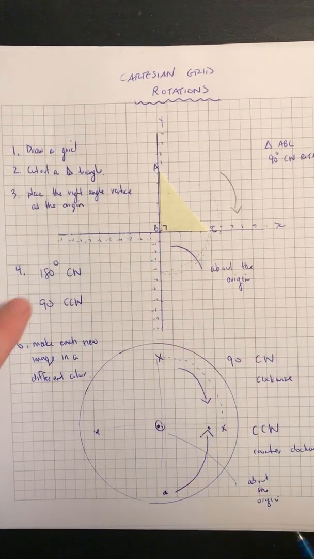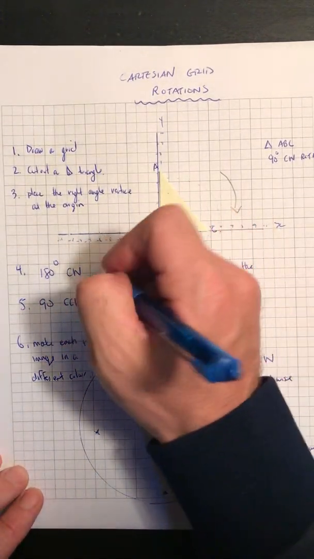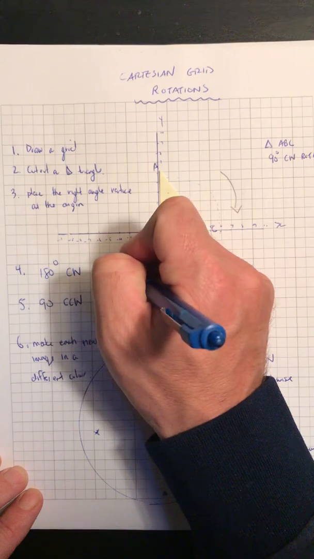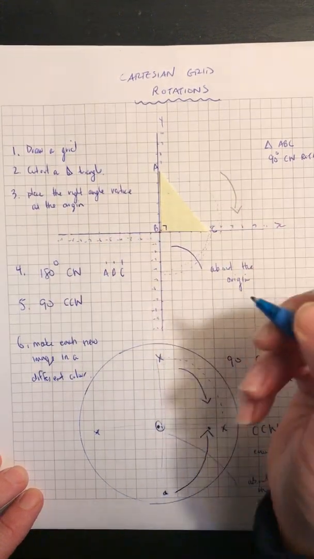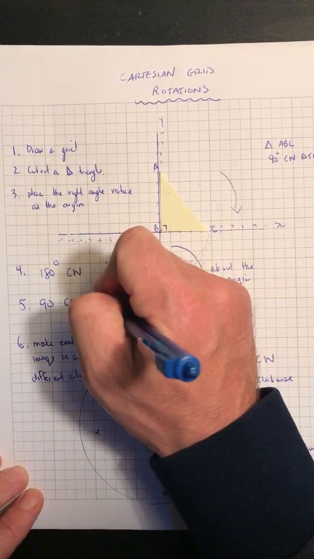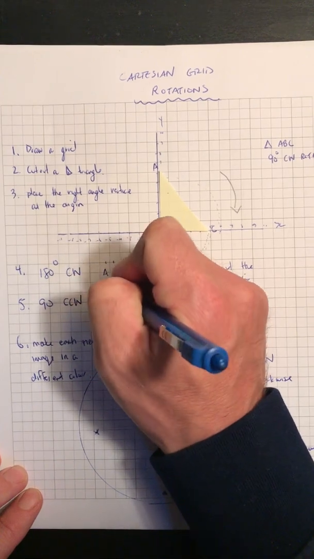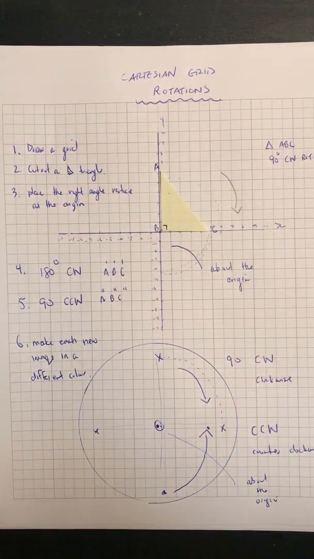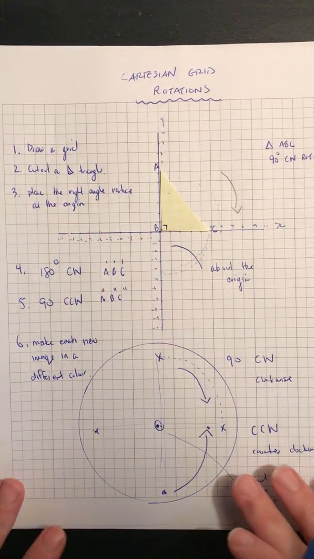So for the first one, remember, that's going to be A, B, C prime, and the second one is going to be A, B, C double prime. Okay, this is our first image, and that's our second image right here.